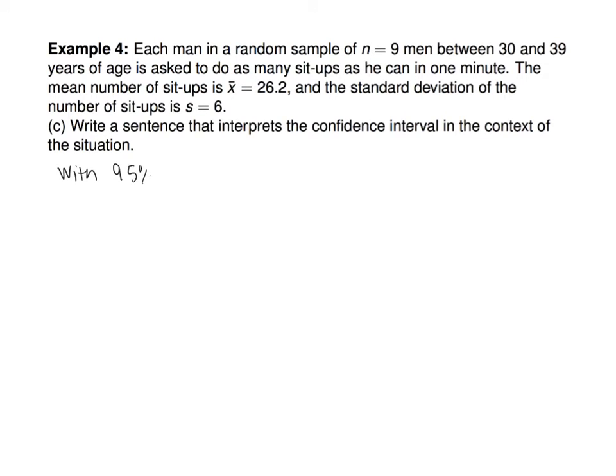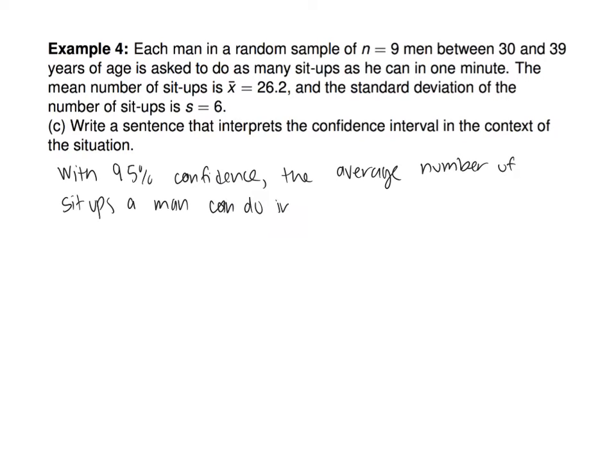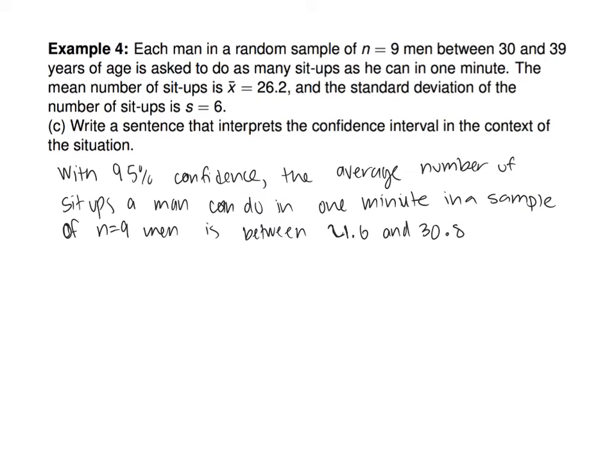With 95% confidence, the average number of sit-ups a man can do in 1 minute, in a sample of n equals 9 men, is between 21.6 and 30.8.